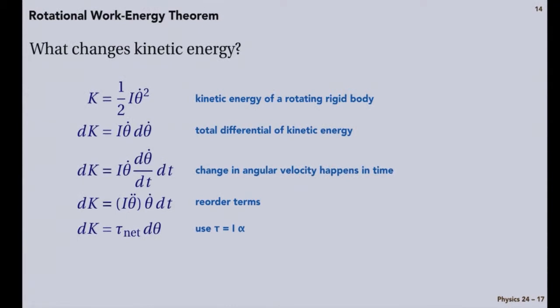Now I am going to say that d theta dot is equal to d theta dot dt multiplied by dt, and shuffle d theta dot dt, which is theta double dot, to the front, exchanging the order of angular velocity and angular acceleration so that I can look at the moment of inertia times the angular acceleration and say that's the net torque on the object.